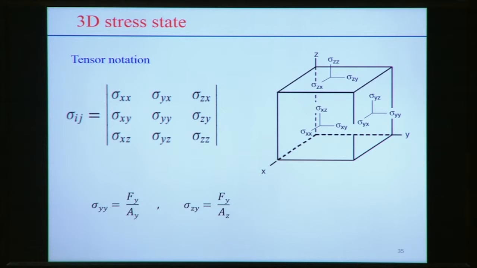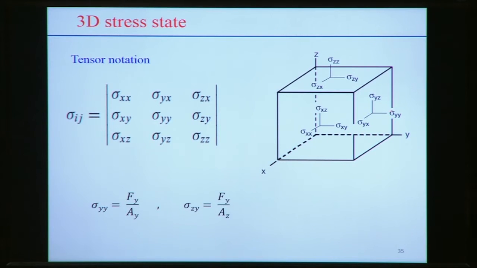Typically we represent the state of stress by assuming an element, specifically for 3D a cubic element, and we show the different stress components along the x, y and z directions. Along the y direction, sigma yy acts along the direction y, so it is considered a normal stress.